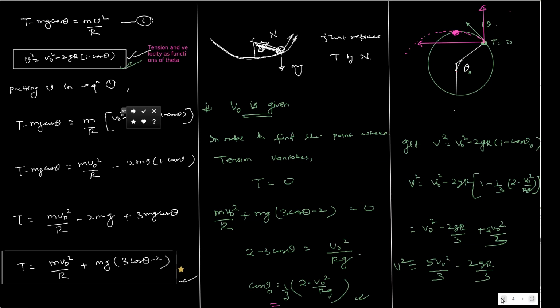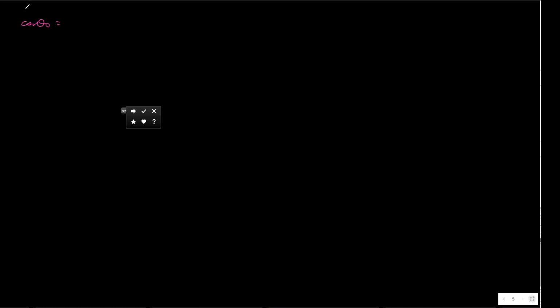Basically what you got is cos theta naught equals 1 by 3 into (2 minus V naught square by RG). So you solve this cos theta naught.